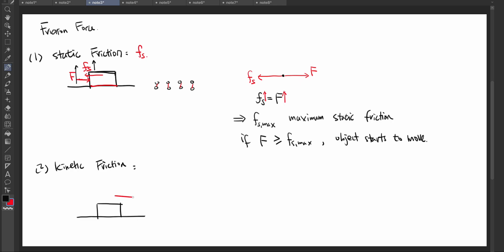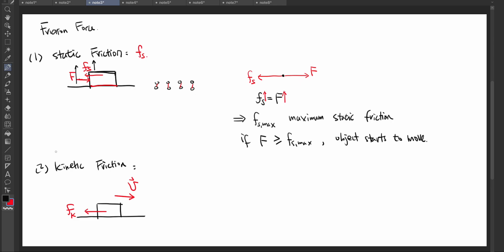So if the object has a relative velocity with respect to the surface, then the surface will apply a kinetic friction to oppose that. Here's the direction of the kinetic friction, Fk. It's pointing backward to oppose the object moving.